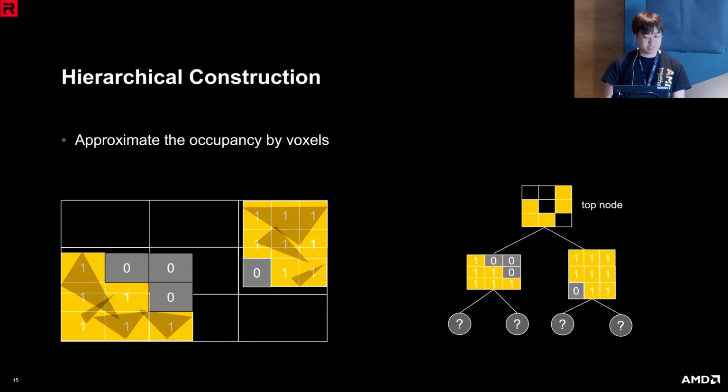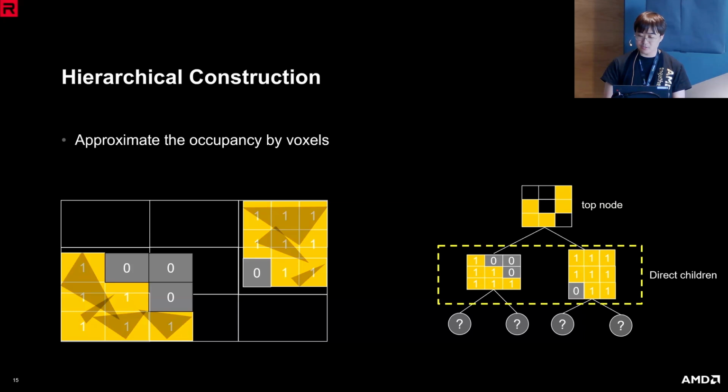From the perspective of the tree structure on the right, we only need to consider the direct children of the target node. So we don't have to traverse lower levels of the data structure, which reduces the construction cost.